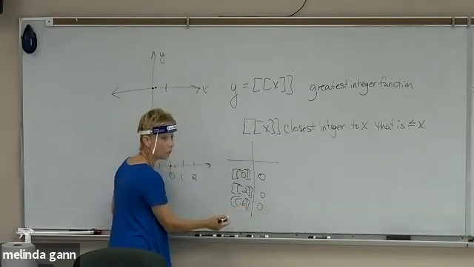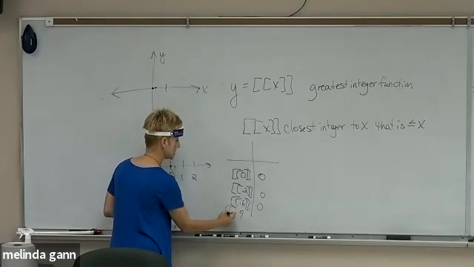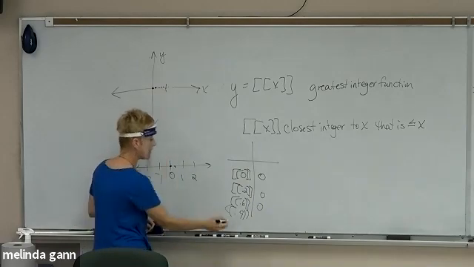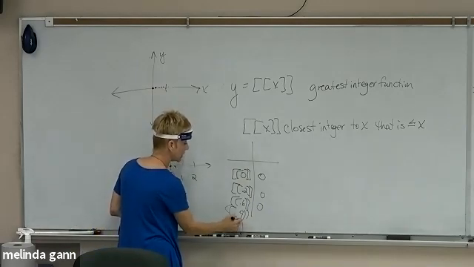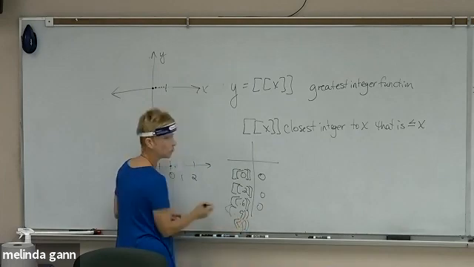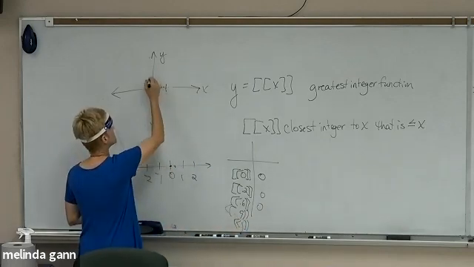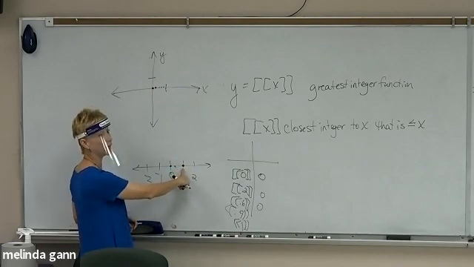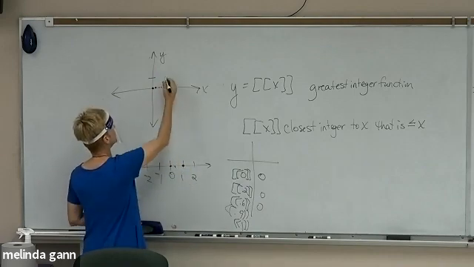Everybody with me? What if I had 9/10? 0. But what if I finally get to 1? What's the closest integer to 1 that's less than or equal to 1? 1. Now it jumps up here.